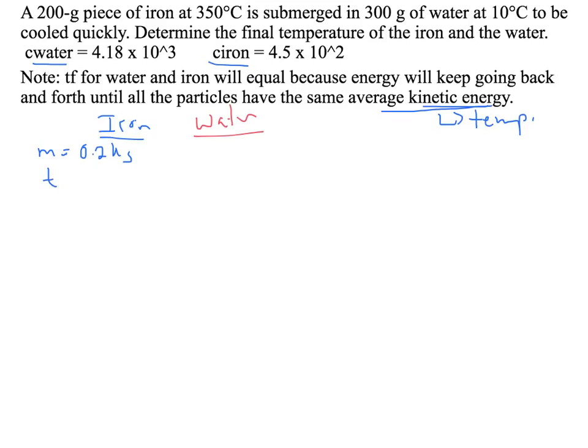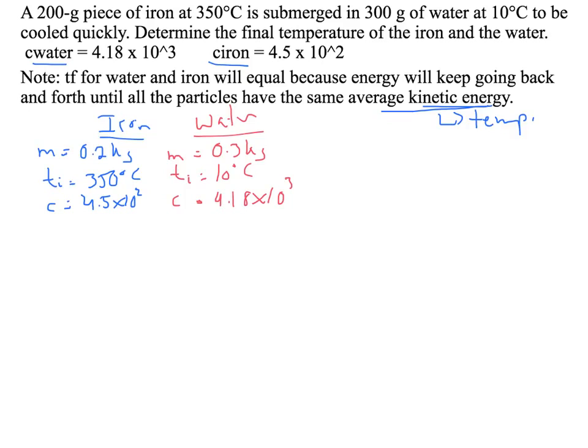We know the TI is 350 degrees Celsius, and we know C, because we're told it, is 4.5 times 10 to the 2. Okay. Water, likewise, we know mass, 300 grams, so 0.3 kilograms, and the Ti is 10 degrees Celsius, and the C for water is 4.18 times 10 to the 3. It's important to break it up like this so you make sure that you keep your terms straight.